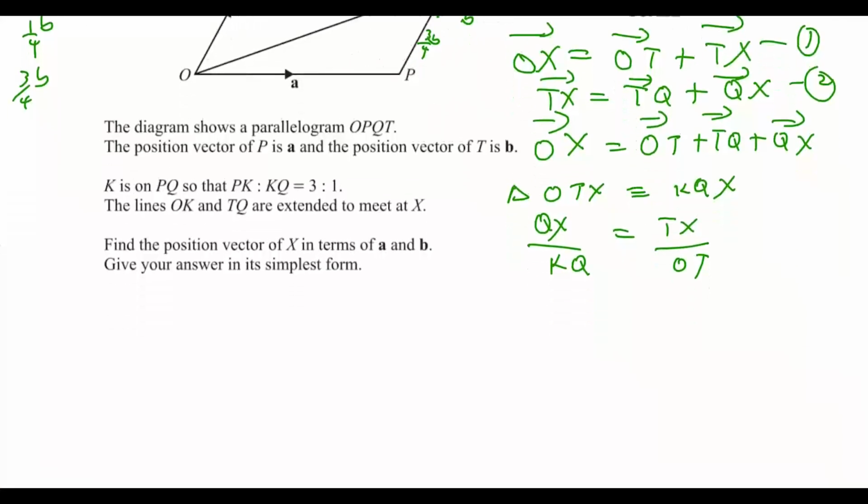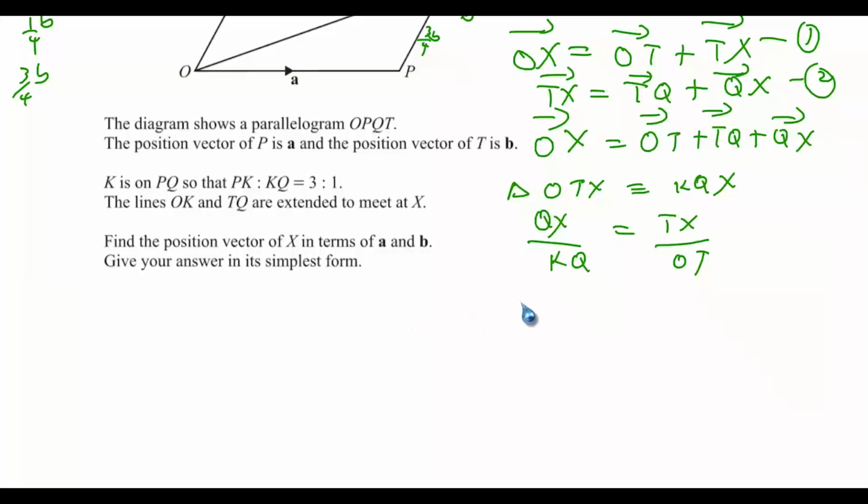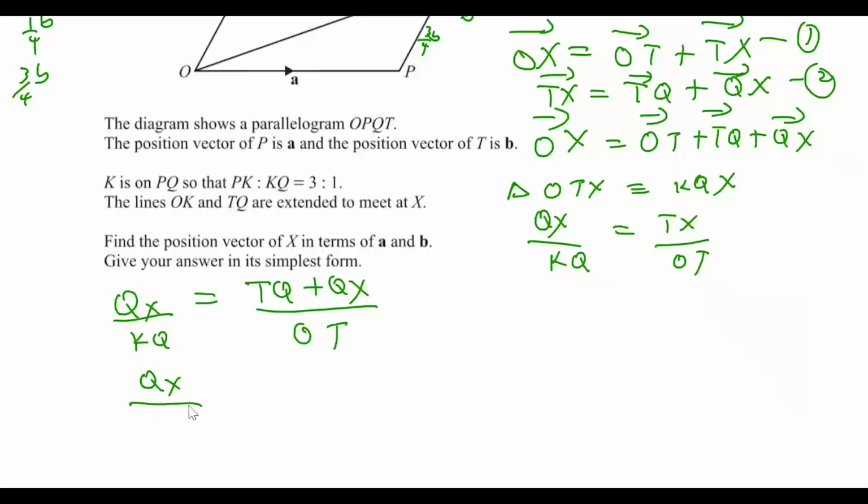So we can write this better. So we can say that QX over KQ will be equals to TX, which is already TQ plus QX. So let's put it there, TQ plus QX, that is from equation 2, over OT. So let's key in the values. QX is what we want to find, QX over KQ.